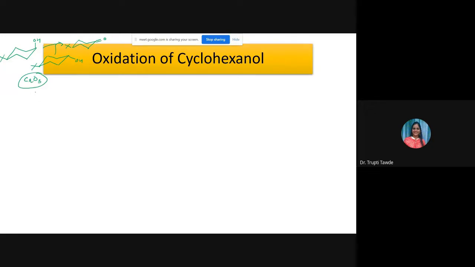So let's say I have this alcohol here. This will react with the chromic acid. I'll just draw the structure of chromic acid. So this is Cr, double bond O, double bond O, double bond O. So the lone pair will be shared with the chromium.